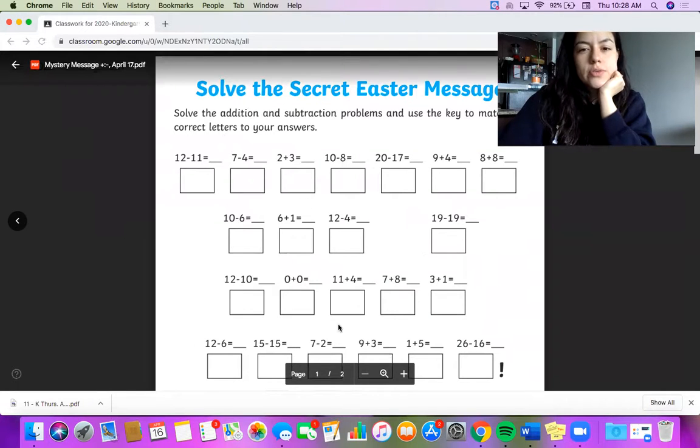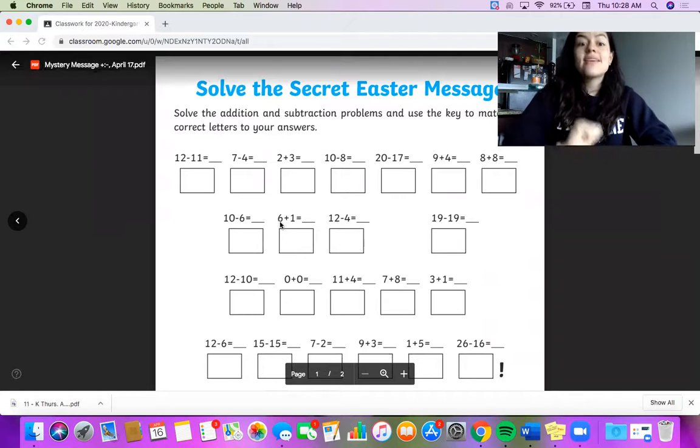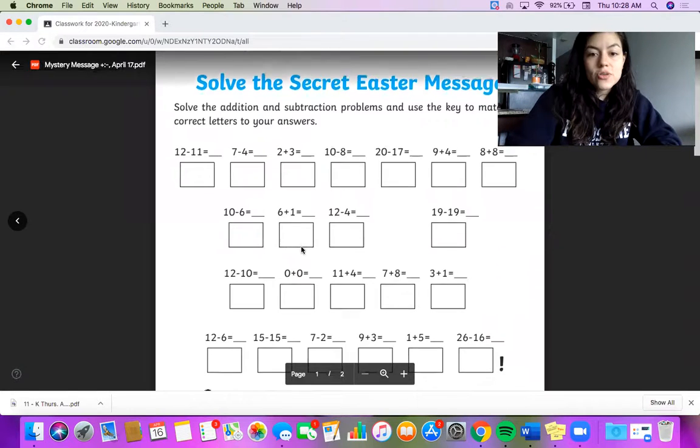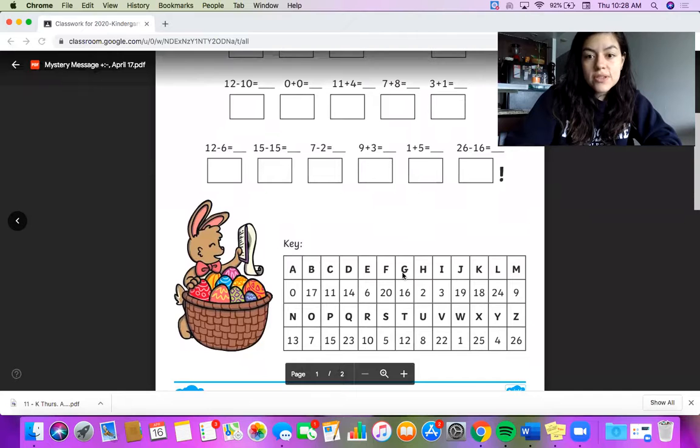Let's find an easy one to do together. Okay, 6 plus 1. 6 plus 1, so I'm counting on one more. 6, 7. So my answer would be 7. What I have to do now is go down here and figure out the secret code. So where do I see 7? 7 right here. You see 7?